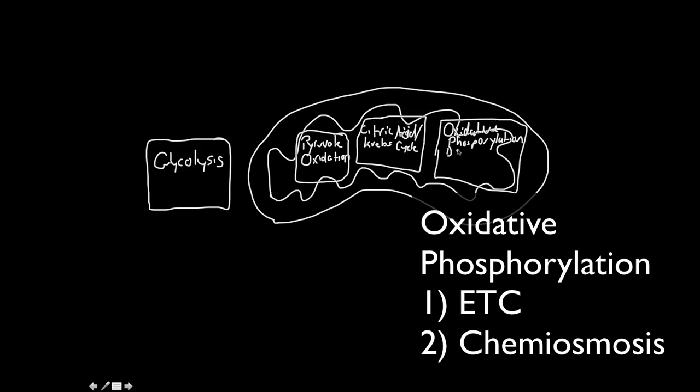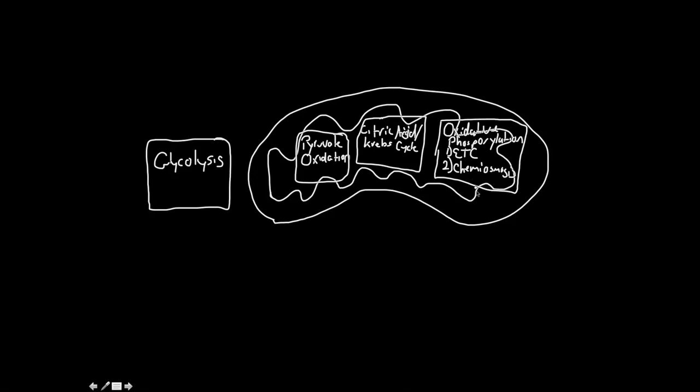The first part is an electron transport chain, and the second part is chemiosmosis. Okay, so that'll be our last step. And again, it's overlapping over the inner membrane here, because that's going to be used for the electron transport chain and also chemiosmosis.